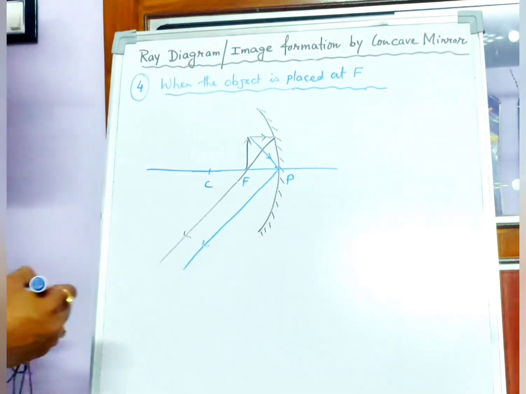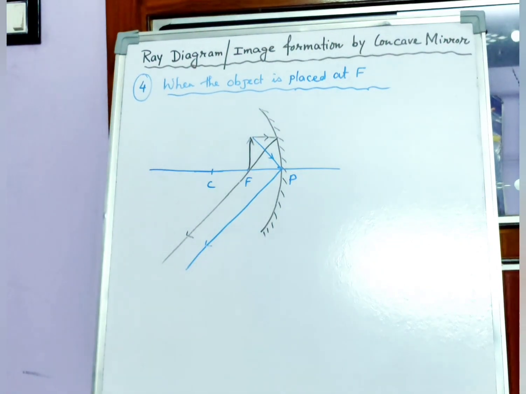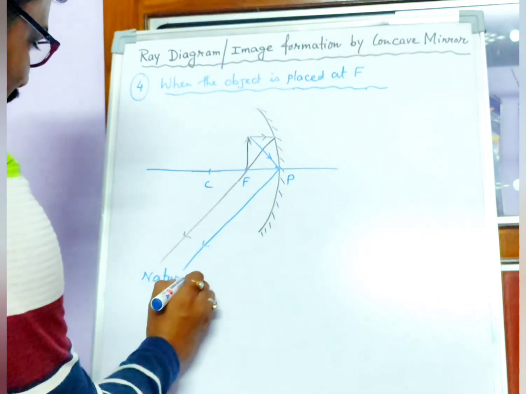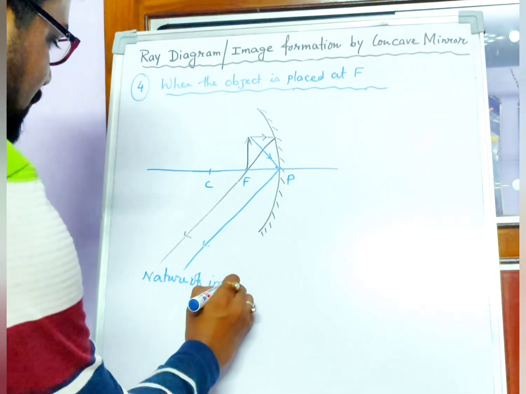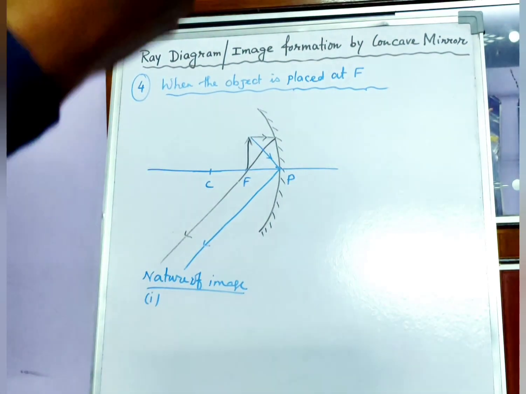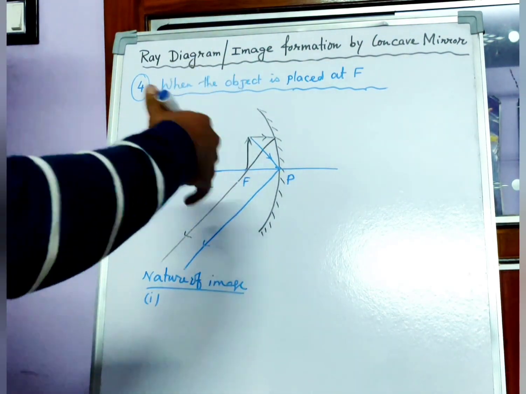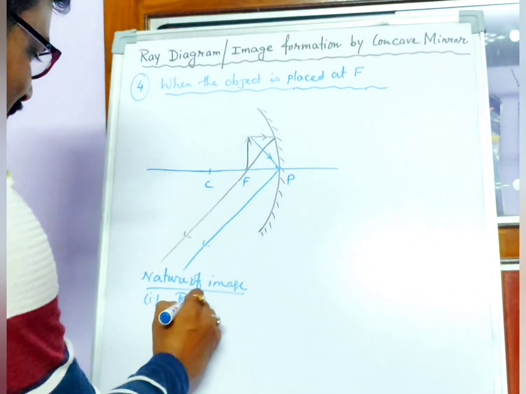Now you can see that the two rays after reflection are parallel to each other. So we can consider that parallel lines meet at infinity. So for the nature of the image, first of all, parallel lines can meet at infinity hypothetically. That's why, as they form in front of the mirror, it is a real image.